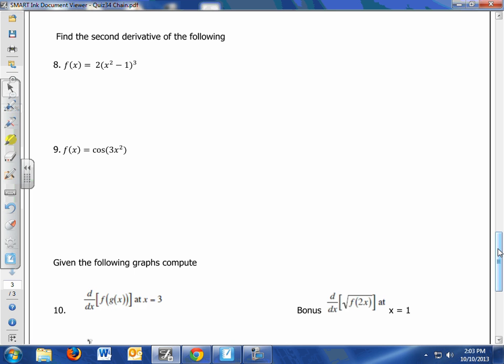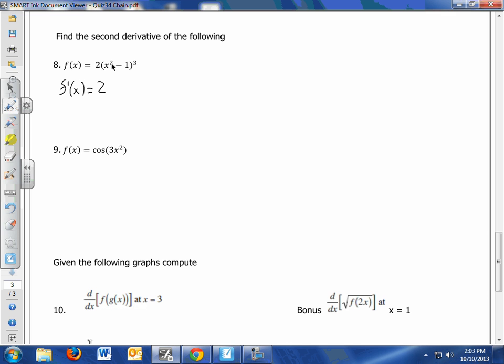Let's find the second derivative. Well, first we have to find the first derivative. So, we have a constant times a function, and this is a composition of functions. So I'll just leave the constant off to the side, and then multiply the derivative of this function.